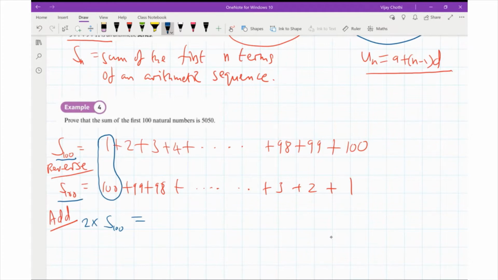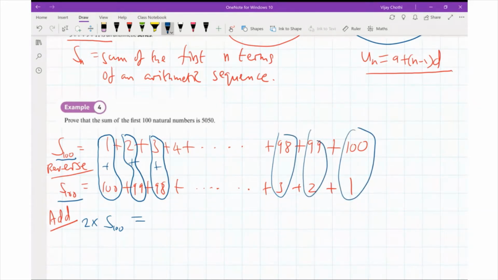If you match these together, that will also give you 101. And if you just carry on, you'll get 101 appearing all the way to the end. 101, 101, 101. So the question is, how many pairs of 101 do you have? Well, the series had 100 terms. So that means you have 100 lots of 101s.